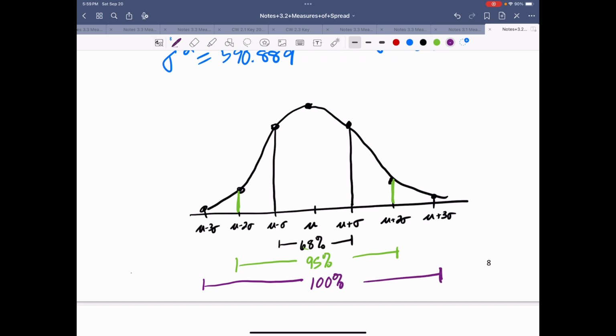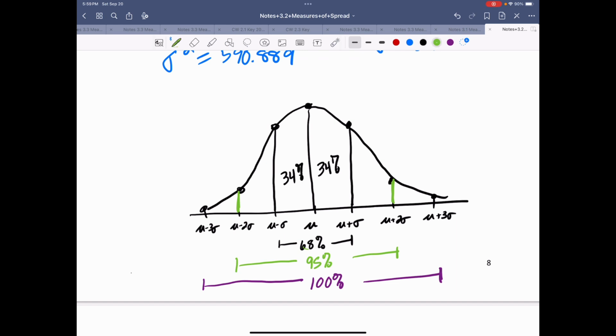Now, sometimes you can answer the question fine with this, but sometimes it's going to ask you more specific questions, so you need more detail. So what I like to do is I'm going to go into my curve, and I'm going to split the 68 in half. And I'm going to say, well, this is 34%, and this is 34%.